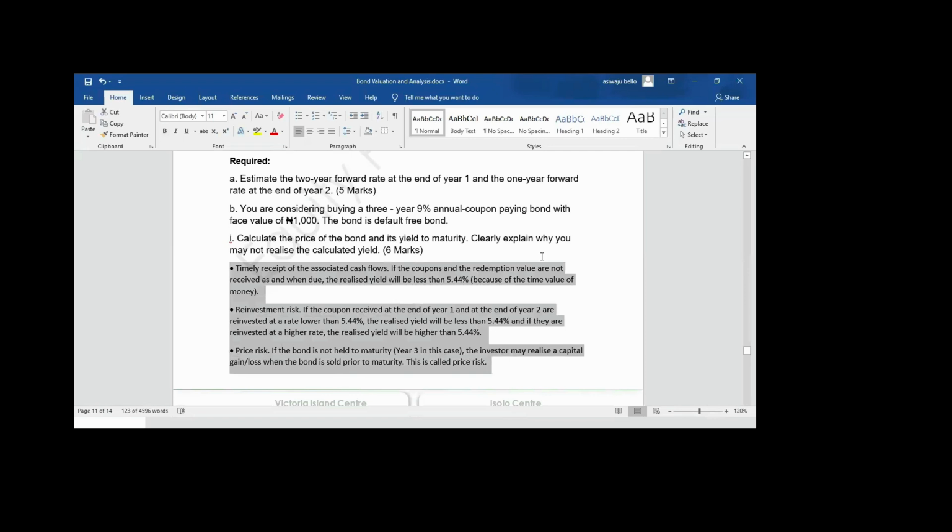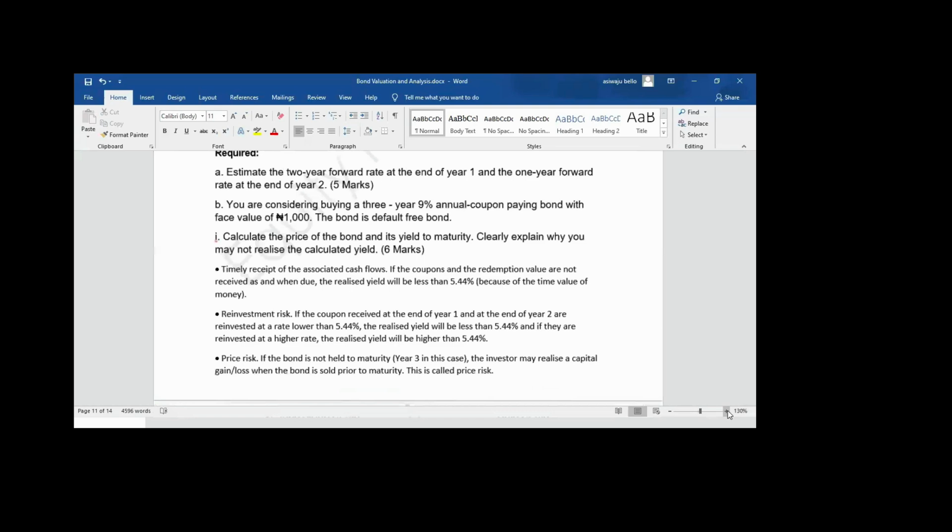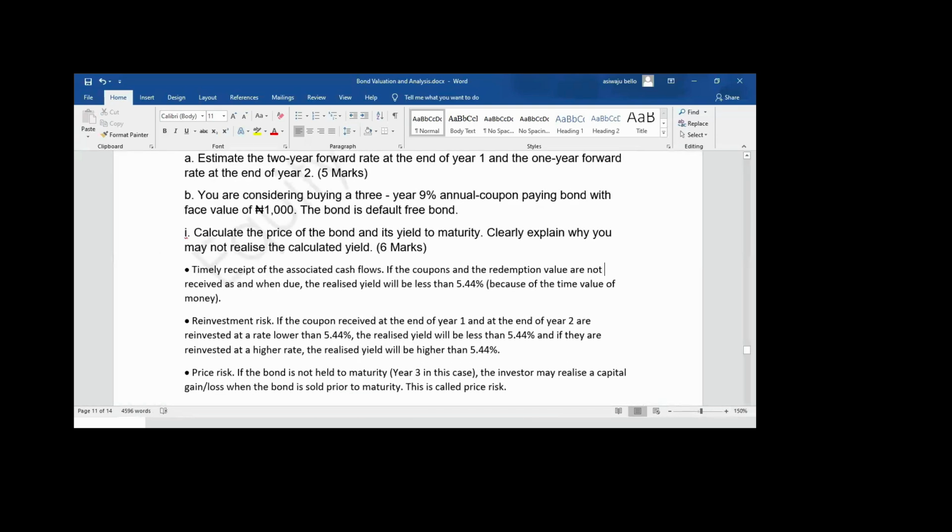Let me expand this more. Number 1 point: timely receipts of the associated cash flows.